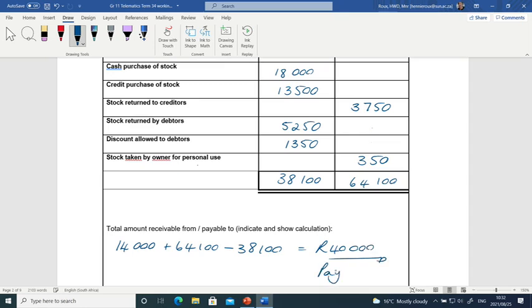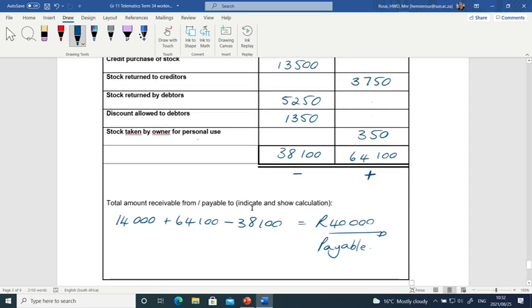This is payable to SARS. Output increases, input decreases. So we already owed him 14,000. Now this will increase the amount payable, this will decrease. So we owe SARS 40,000 rand for that.